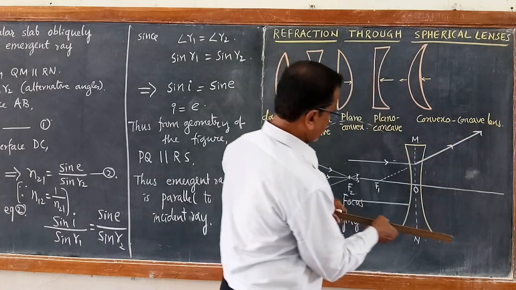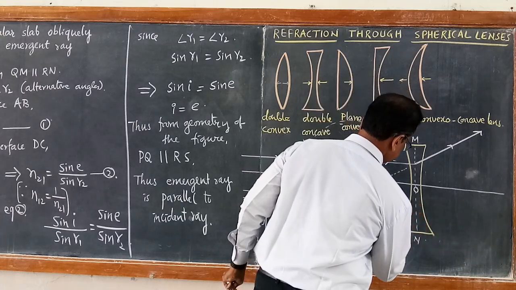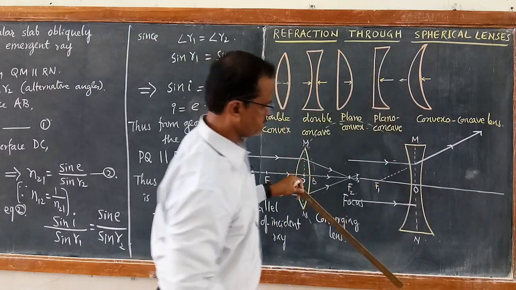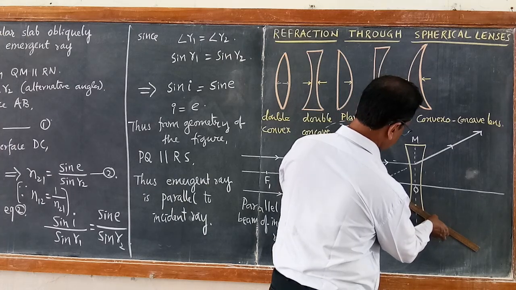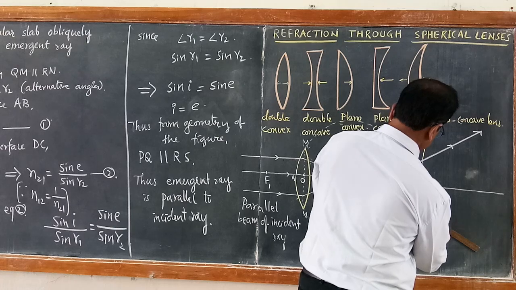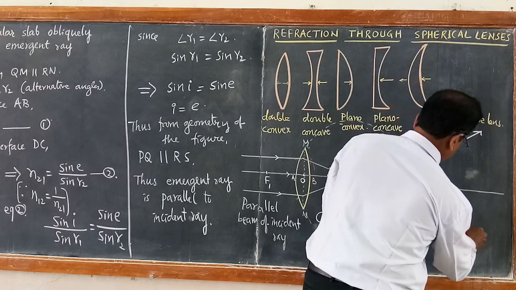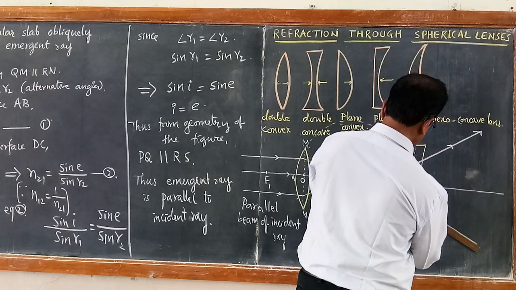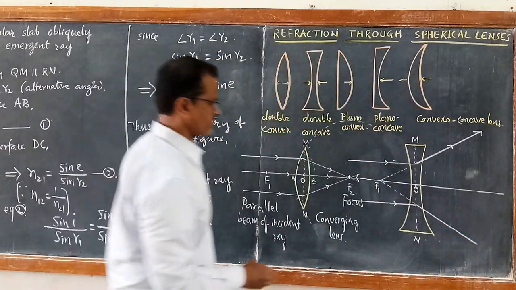Similarly, for another ray, after incidence here, you continue up to the optic axis. That will be convenient to draw the diagram. Then after refraction, the ray is again diverging away. This diverged ray appears to have come from a point. This point is called the principal focus.